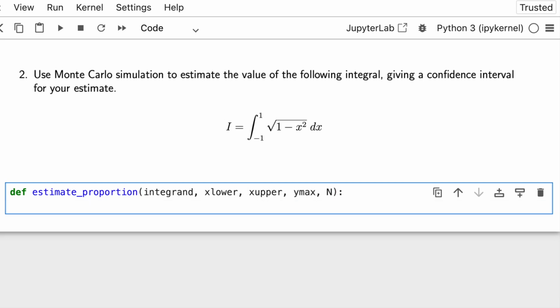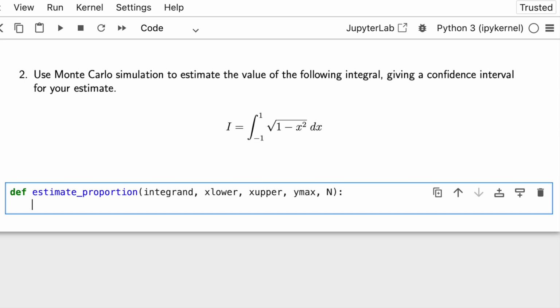I've defined this function to take in 5 arguments. The first argument will be a function, the integrand itself, so that'll be a function of x. The second two arguments, x lower and x upper, are the lower and upper limits of the definite integral.